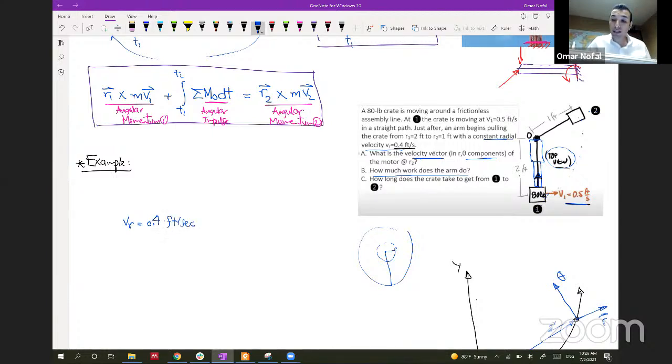And you know how much distance the arm goes from position 1 to position 2. So the delta R is R1 minus R2 or R2 minus R1, but we are interested in the change. So it will be 1 minus 2, which is negative 1, and you have this as a negative velocity. So the time will be equal to VR over delta R.